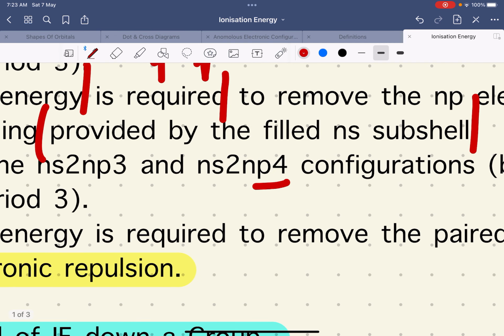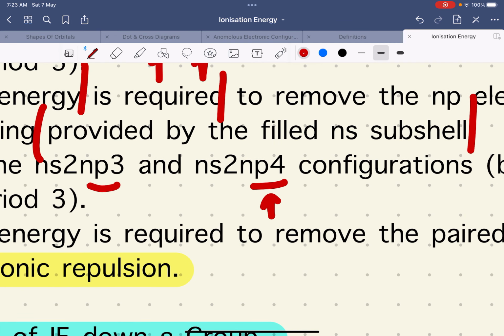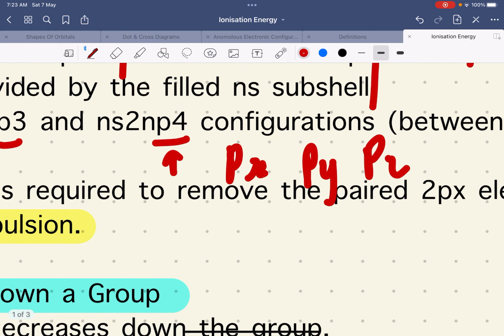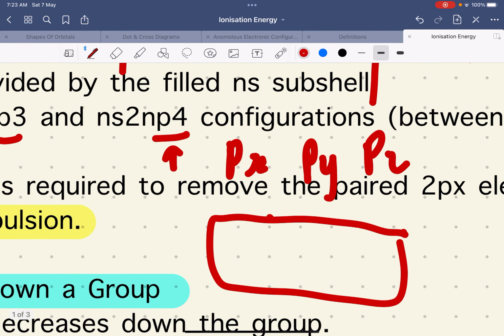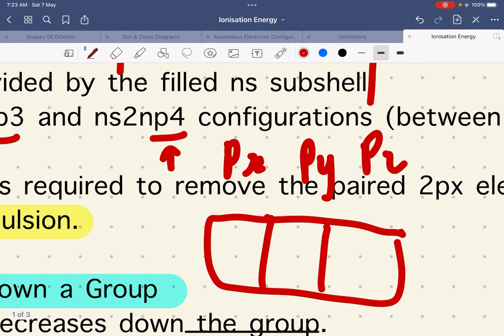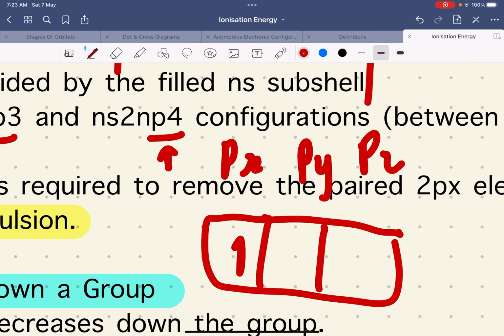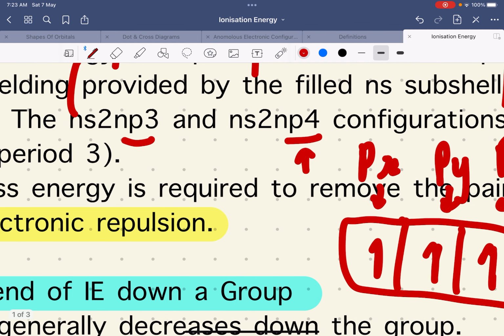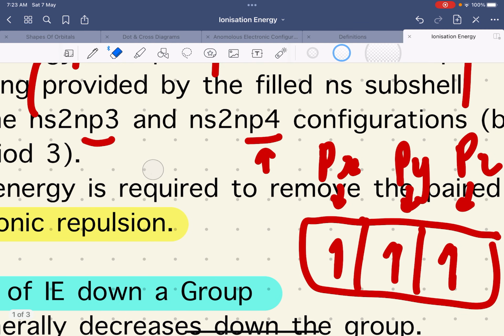Then np4, what is np4? Let's draw out px, py, pz. We know our representation of a p subshell. We first have to fill this electron. Hence this is np3. This one is px, py, pz. Okay? Then np3 basically means this one.